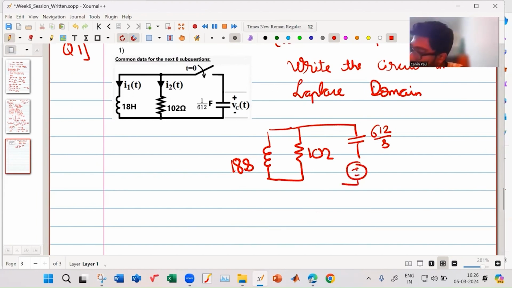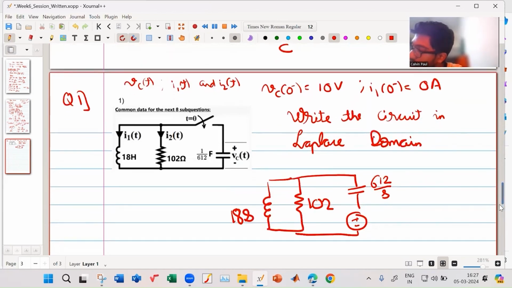And the voltage across the capacitor is VC(s), that is 10 upon S, from VC of 0 minus divided by S. Any doubt in this? The initial voltage is 10 by S.